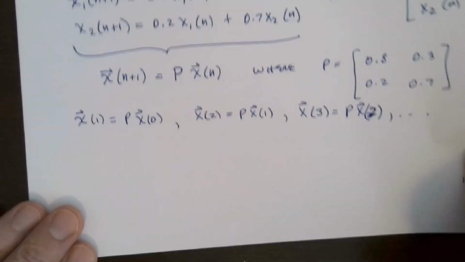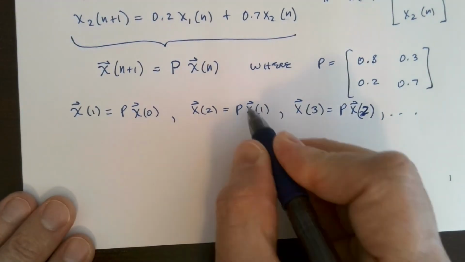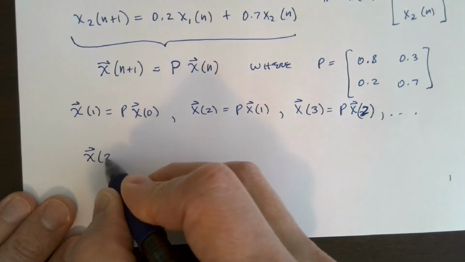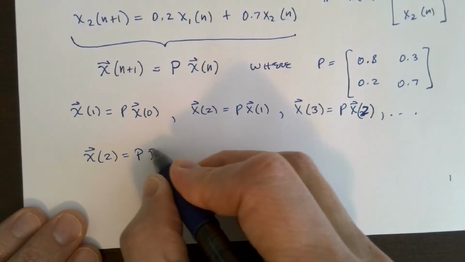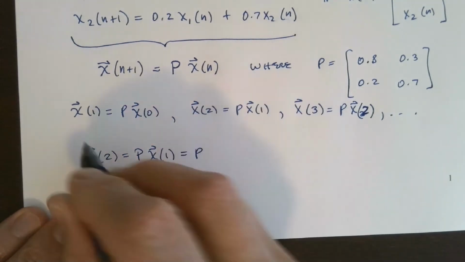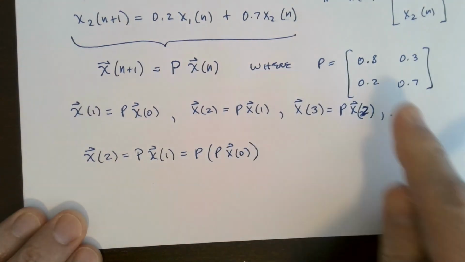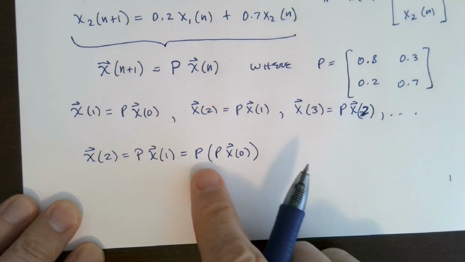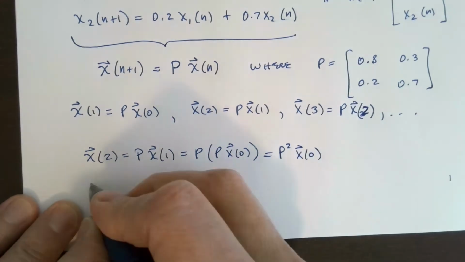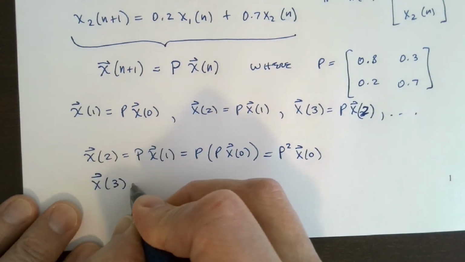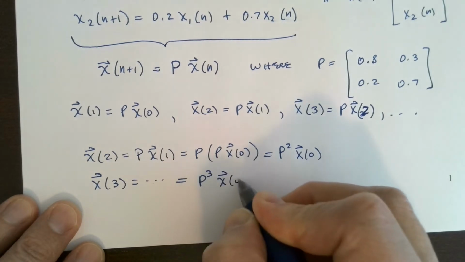And notice, though, as well, that in looking at year 2, which is P times x1, but x1 was what? P times x0. And P, notice, is going to be, in this case, a square matrix. So P times P, I can write this as P squared times x of 0. And you see the trend there. What's it going to be for year 3? It's going to be P cubed times x of 0.